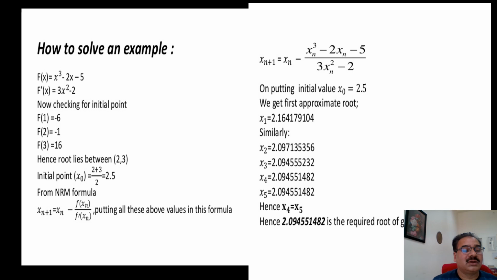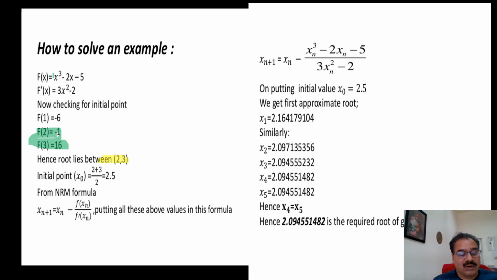Another example you can take: f(x) is equal to x cube minus 2x minus 5. The same, but here there is no restriction to the smallest root. So now checking for the initial value: f(1) is minus 6, f(2) is minus 1, f(3) is 16. Hence the root lies between 2 and 3.